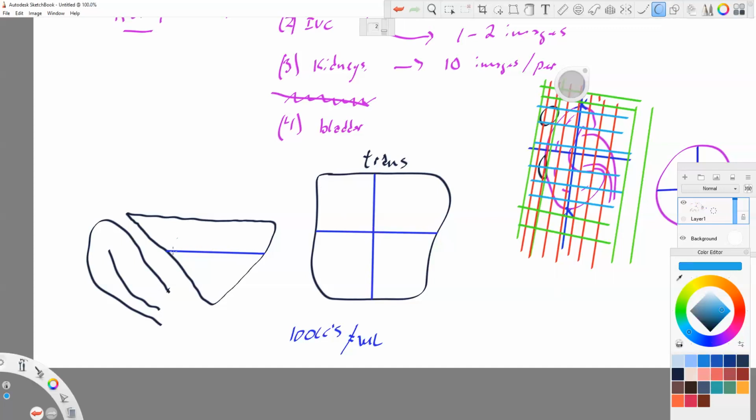well, let's look at the sagittal. The bladder's a little bit different to imagine. We're looking at it sagittally, but here are my transverse planes. All right, so I take those pictures, and then let's see, how would I draw?